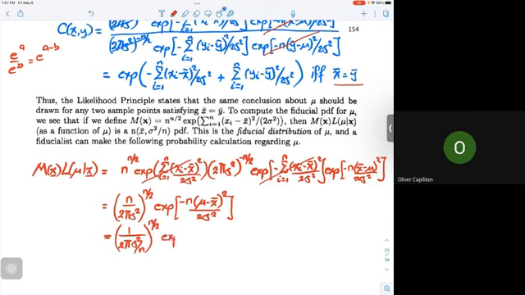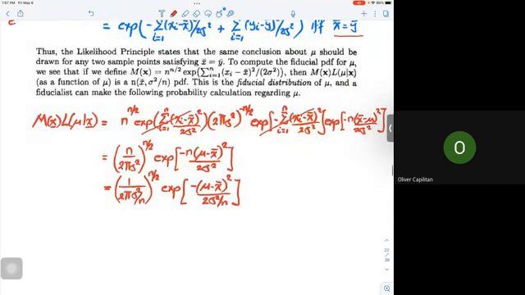And then we have here the exponential of negative of mu minus x bar square divided by 2 sigma square over n. Okay, so this implies na ito yung fiducial PDF of our parameter mu.